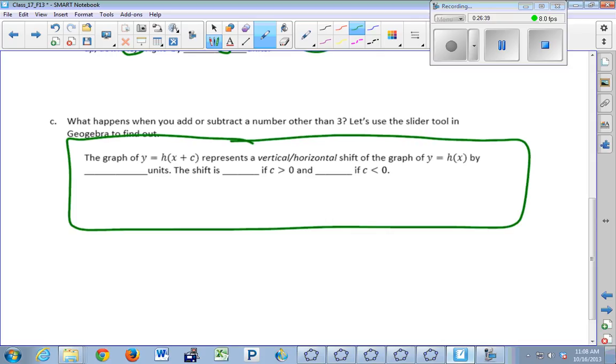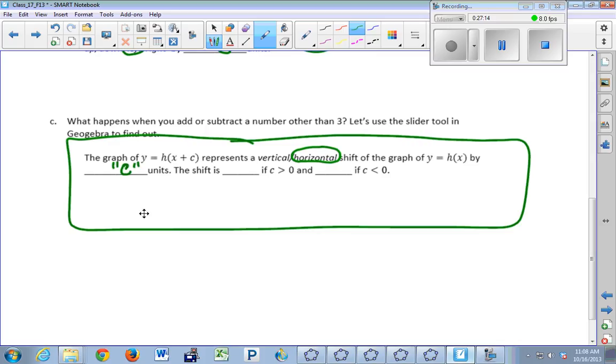Okay, so here we go. Here's a general statement: h of x plus c. Now remember, this could be any function. In this particular case, we're looking at absolute value, but for any function where we're changing the input by adding c, it's going to represent some type of horizontal shift. Anytime you act on the input inside your function, it is always horizontal, of your original function, whatever it is, by c units.